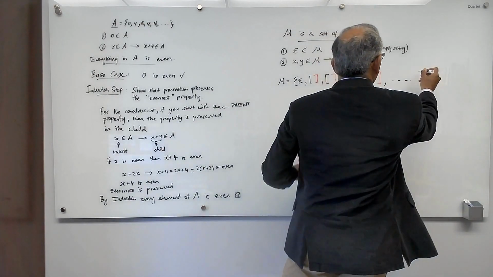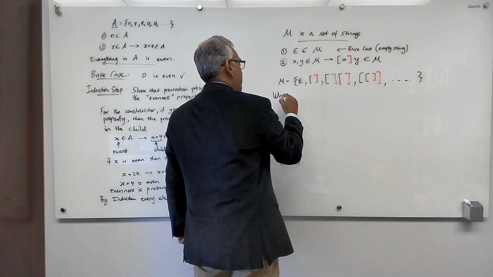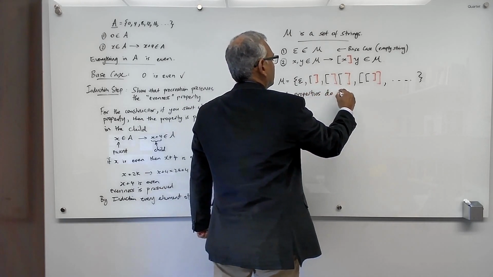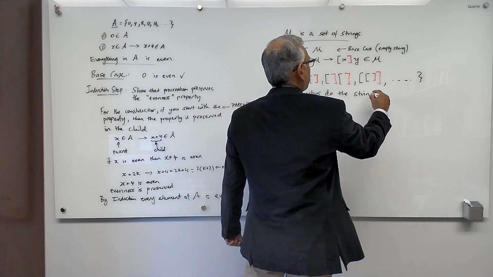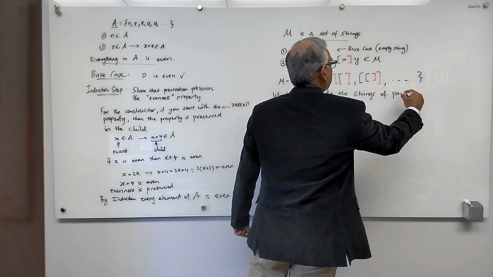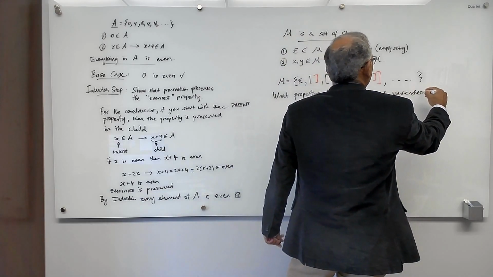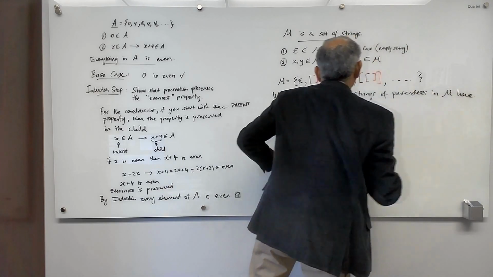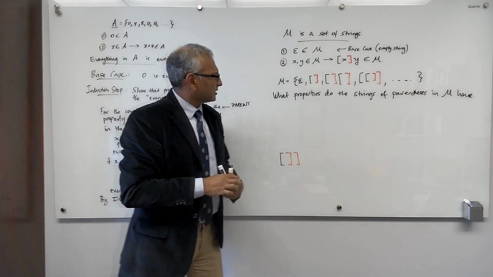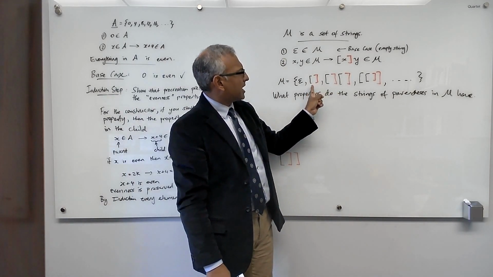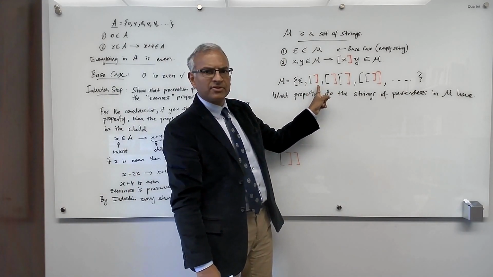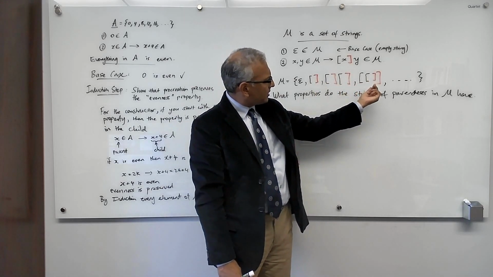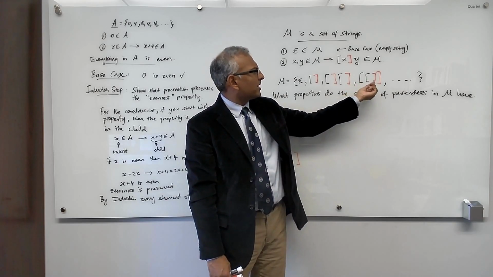So let's try to see what properties the strings of parentheses in M have. Now the obvious thing that seems to be going on here is, if you look at the number of open and closed parentheses, they match. There's an equal number of red and black parentheses.